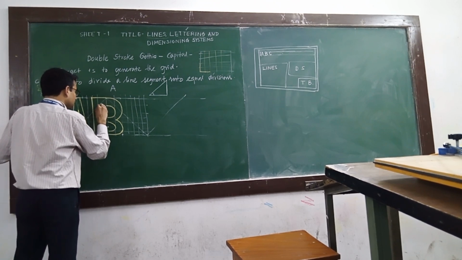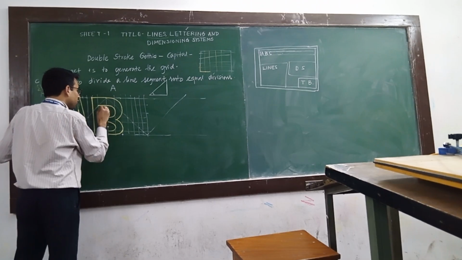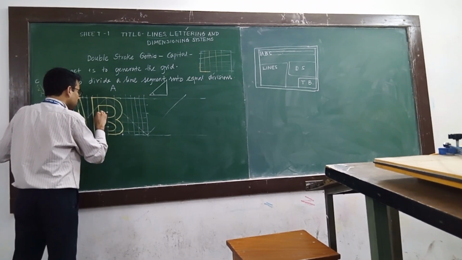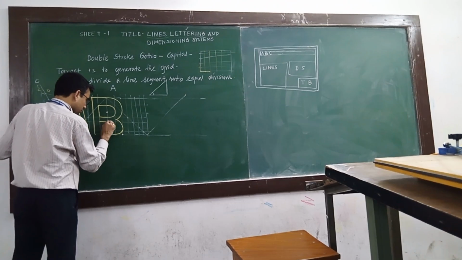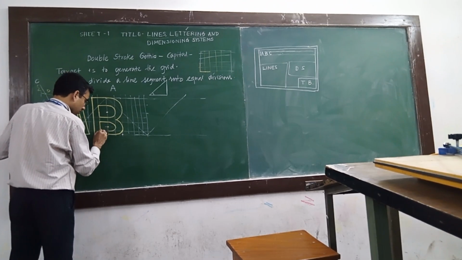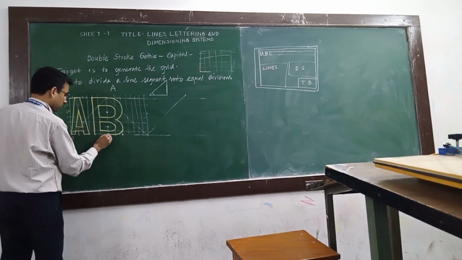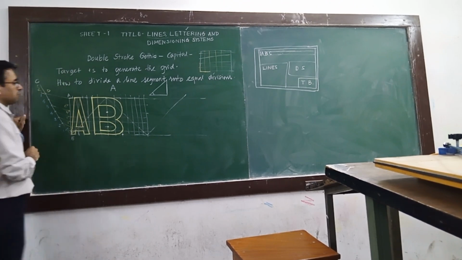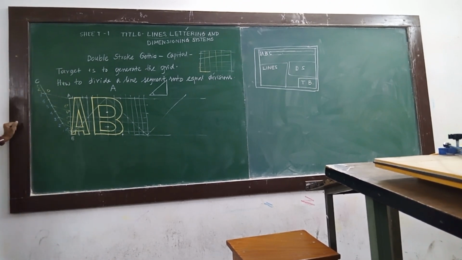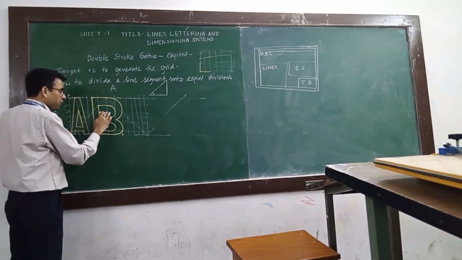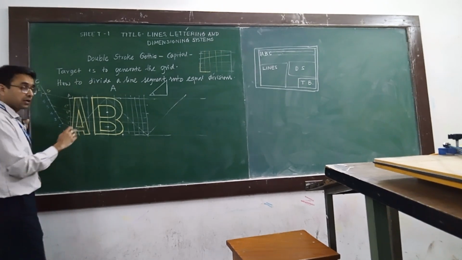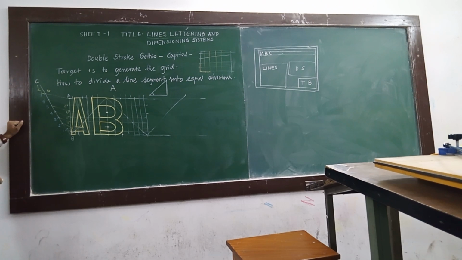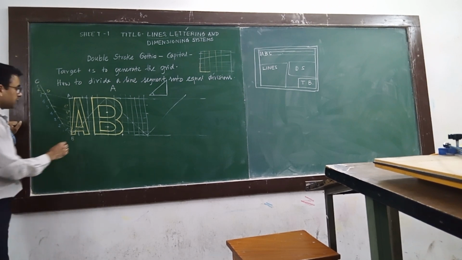I will draw a line here. That will make the B. Clear? So these points should be only faint because after construction this should not be visible louder, right? Clear? So that is B. Clear? So it is A, it is B.